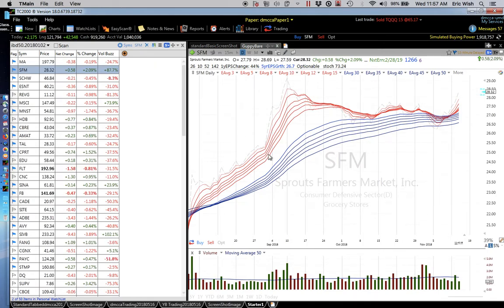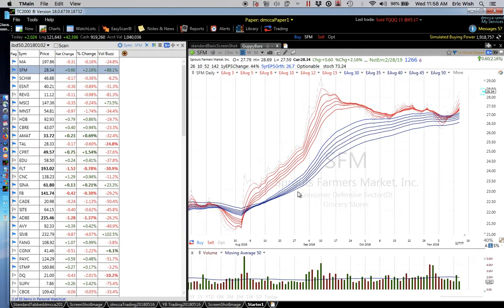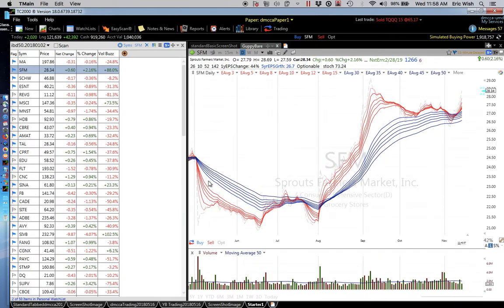He colors the shorter period moving averages red and the longer period moving averages blue, and places them on a white background, so that a stock in a strong uptrend would have the moving averages neatly stacked, with the red ones above the blue ones, and hence a red, white, and blue pattern, as opposed to a blue, white, and red pattern for a downtrend.